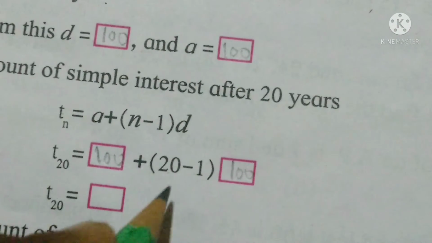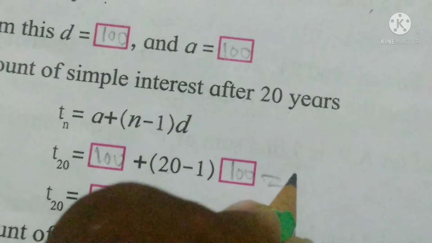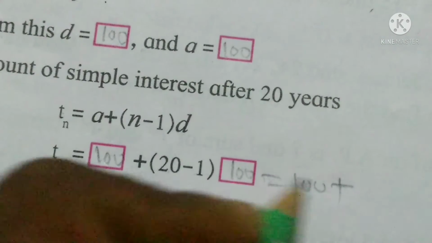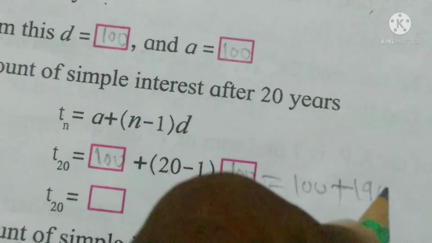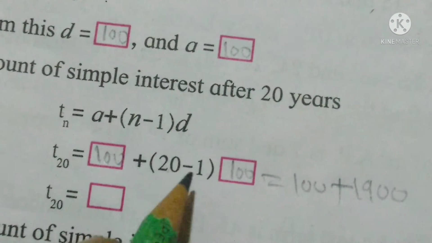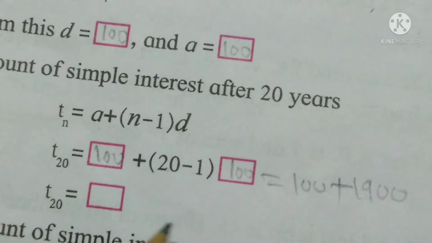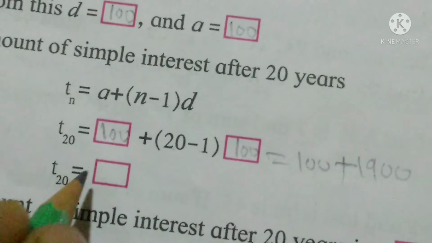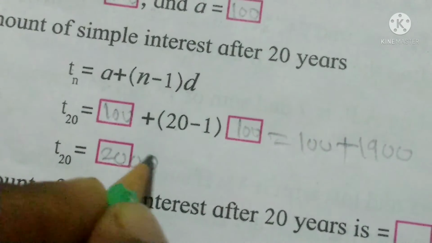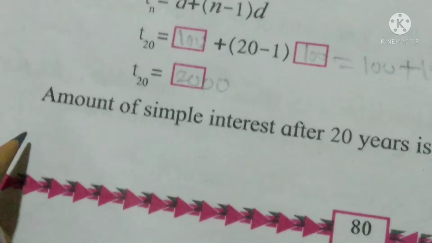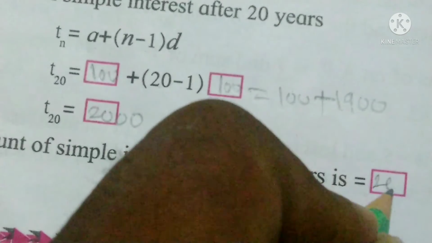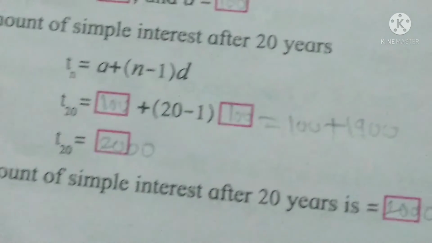So we calculate 100 plus (20 minus 1), 19 into 100, which is 1900. So T20 for simple interest is 100 plus 1900, 2000 rupees. So the amount of simple interest after 20 years is 2000 rupees. In this way we solve the example.